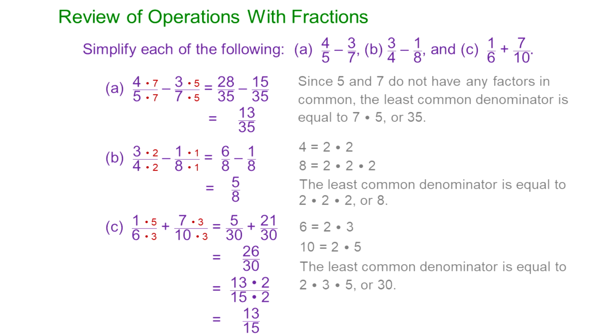For part C, I can note that the 6 is missing a factor of 5 that you see in the 10, or I can note that the 10 is missing a factor of 3 that you see in the 6. That means that I can find the least common denominator for part C by multiplying 2 times 3 times 5. As we talk about the remainder of the problems in this section, you may find it helpful to refer back frequently to these examples.